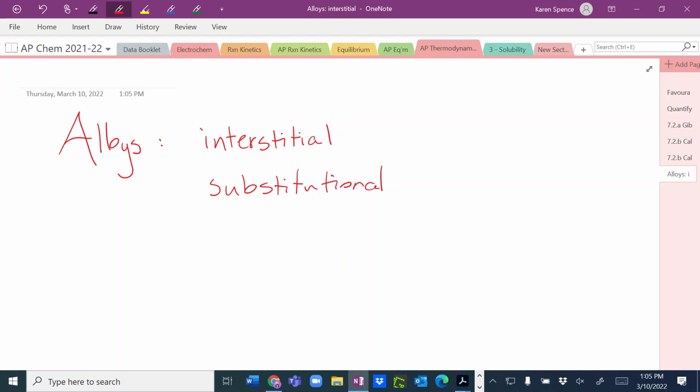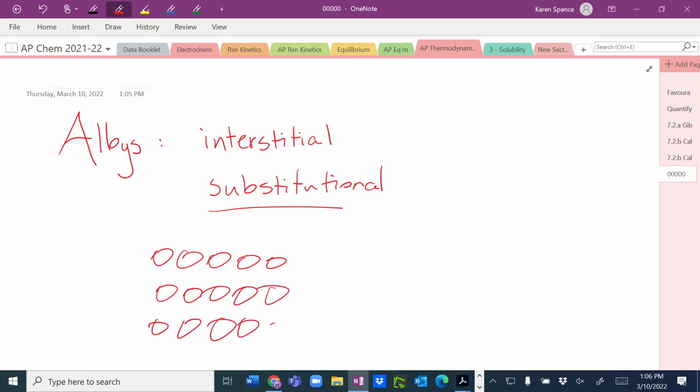Yes? When you have substitutional, you are substituting. So if here's your metal and you have a substitutional alloy, similar sized atoms, you'll put them in, like, and they'll just slot in where the regular atom would. So this might be gold, this might be silver. They have a similar size, okay?